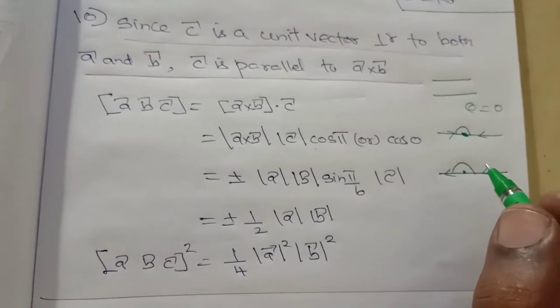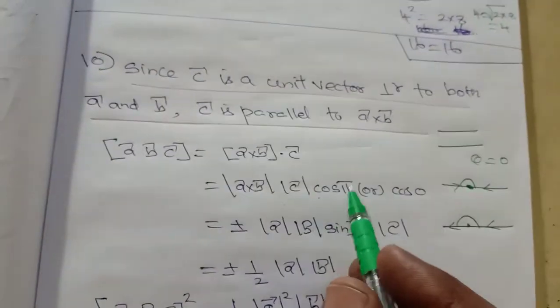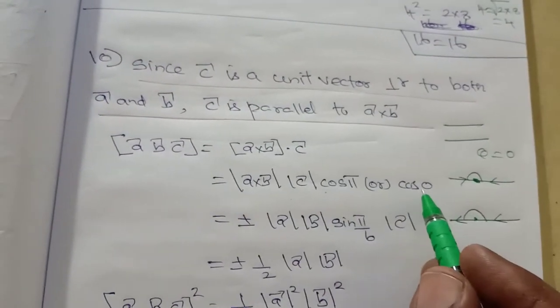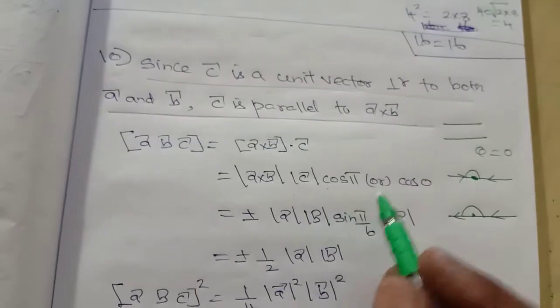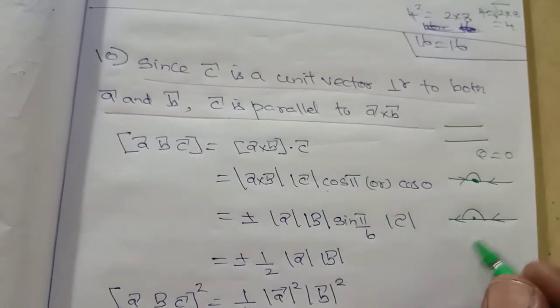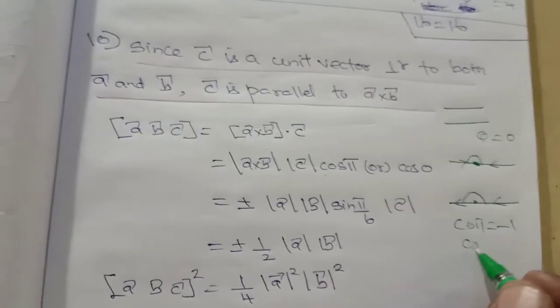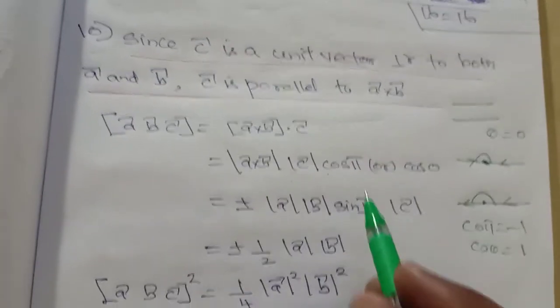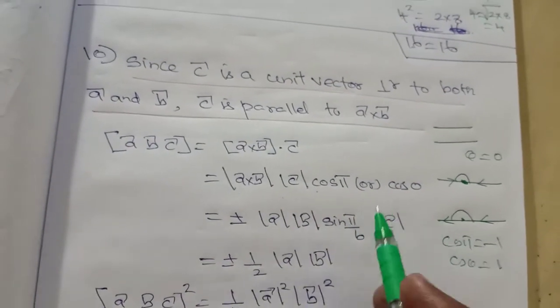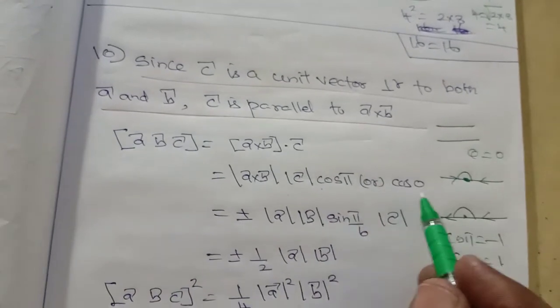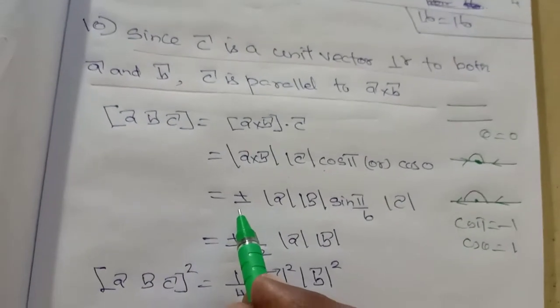Collinear means 180. Therefore theta equal to pi or 0. Cos pi is what? Minus 1. What is cos 0? Equal to 1. So it is plus or minus 1. If it is pi, minus 1. If it is 0, 1. Therefore plus or minus.